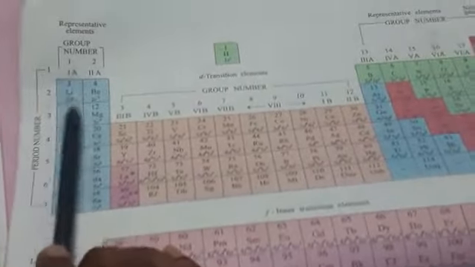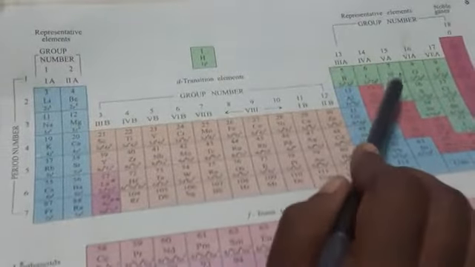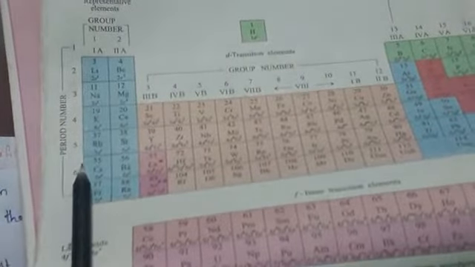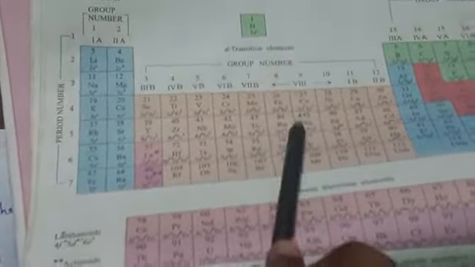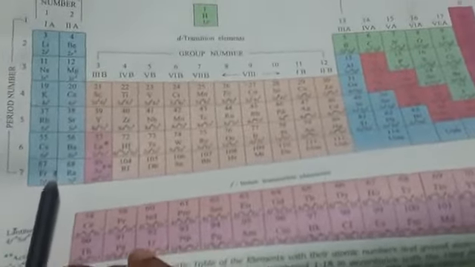The second and third consist of 8 elements, if you count 1 2 3 4 5 6 7 8. The fourth and fifth have 18 elements. The sixth one consists of 32 elements. The seventh one is incomplete, as you have observed in the periodic table. So this is the representation.